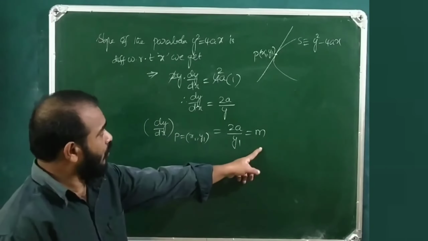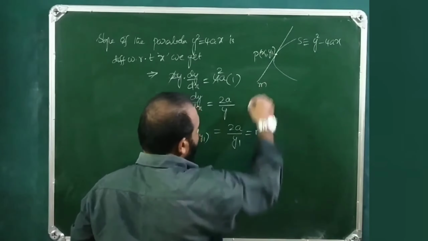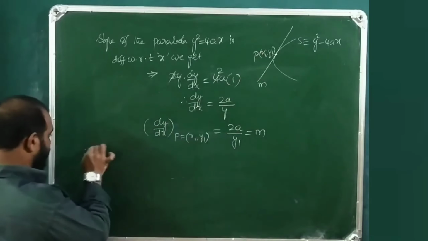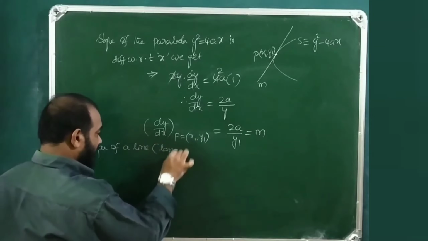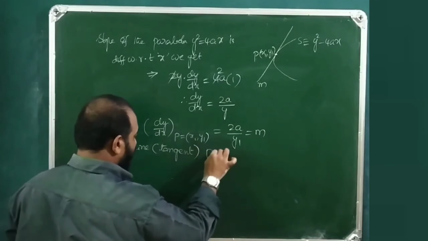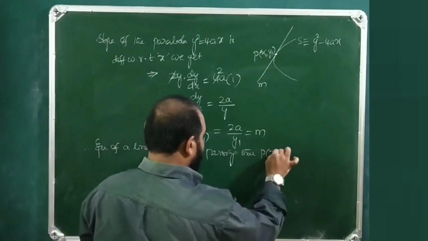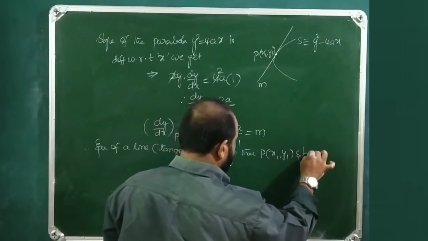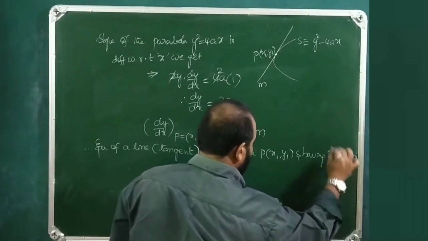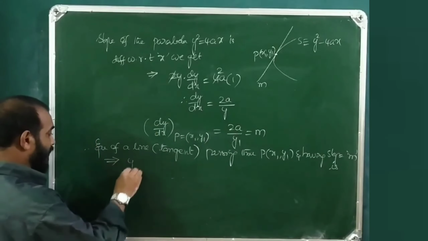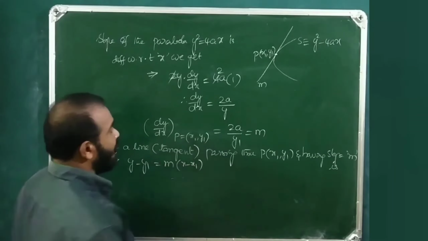So we have a slope m and the point is also there. Therefore, the equation of the tangent passing through P(x1, y1) and having slope m is y minus y1 equals m into x minus x1, slope point form.